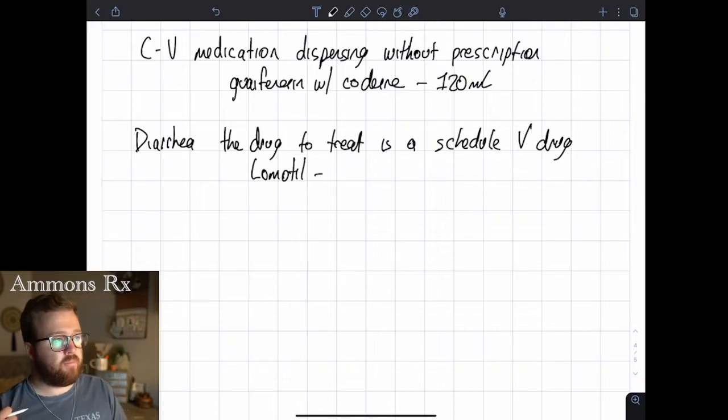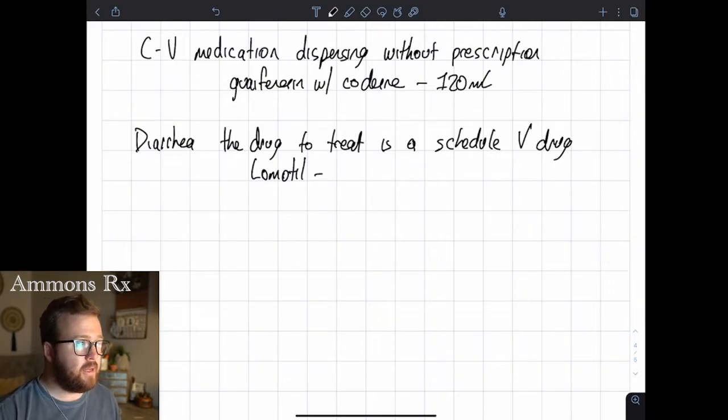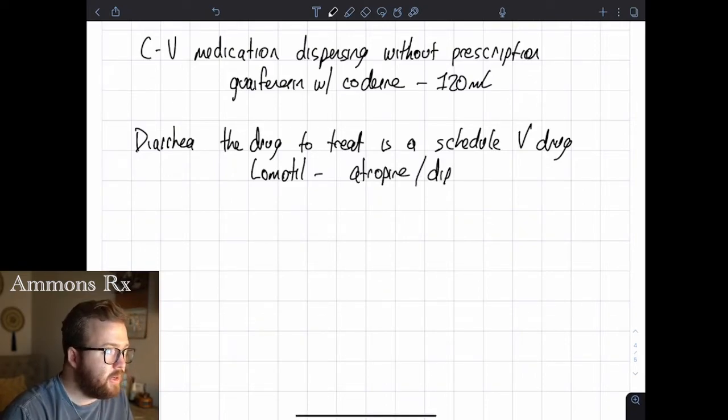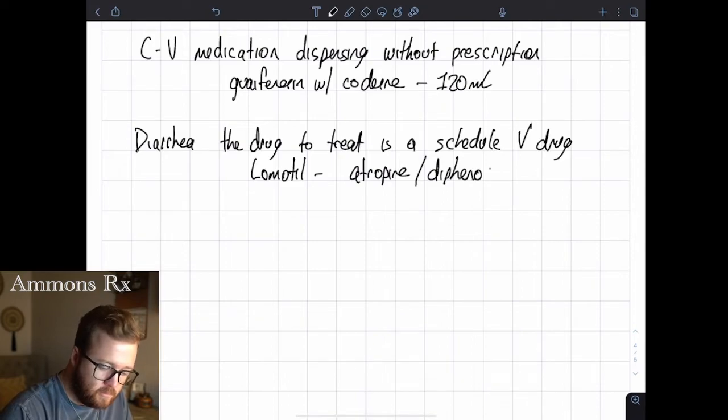And if you want to know, the way I think of it is the process of the moving of the intestines is called motility. And if you want to slow down that motility, you would say it's low motil. That's just kind of how I think of it. But that's going to be atropine and diphenoxylate. Okay.